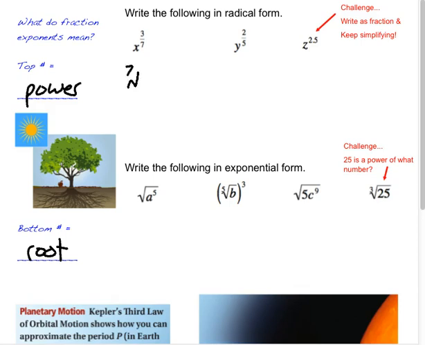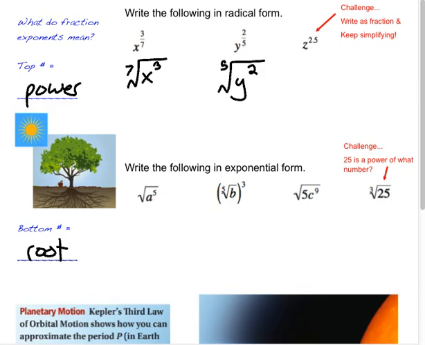So this is going to be a 7th root, and then the top is the power. So the 7th root of x cubed. This one, the bottom is the root, the top is the exponent. So this is the 5th root of y squared.